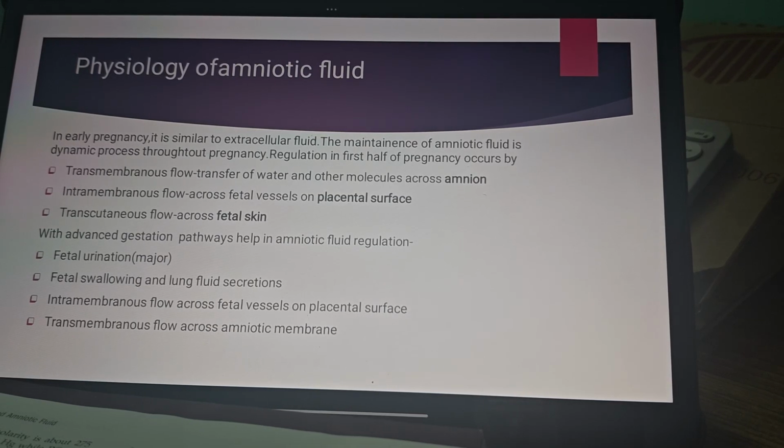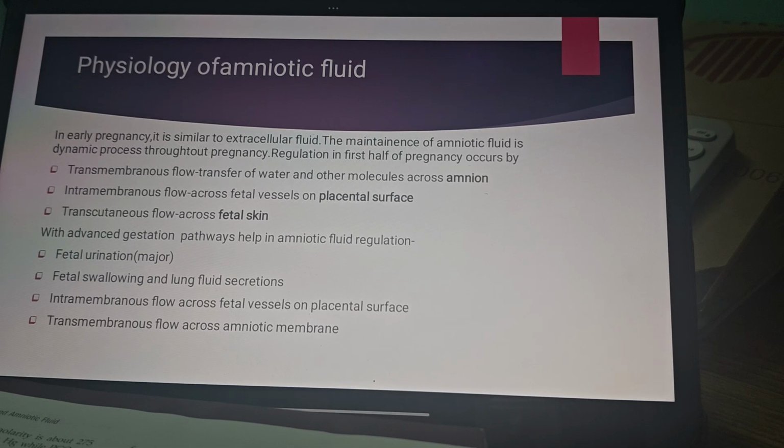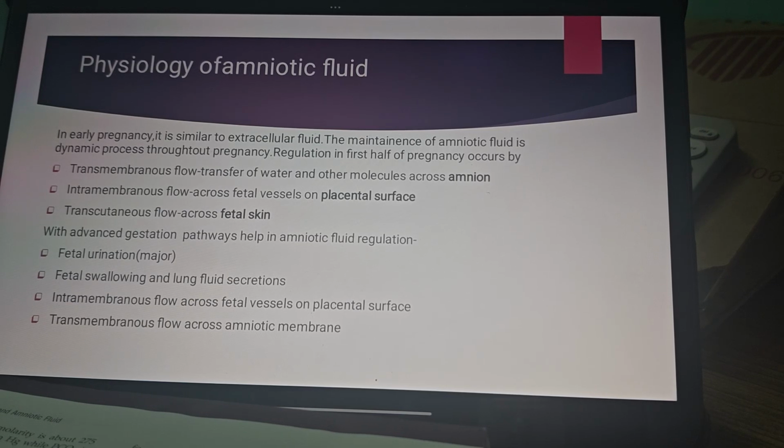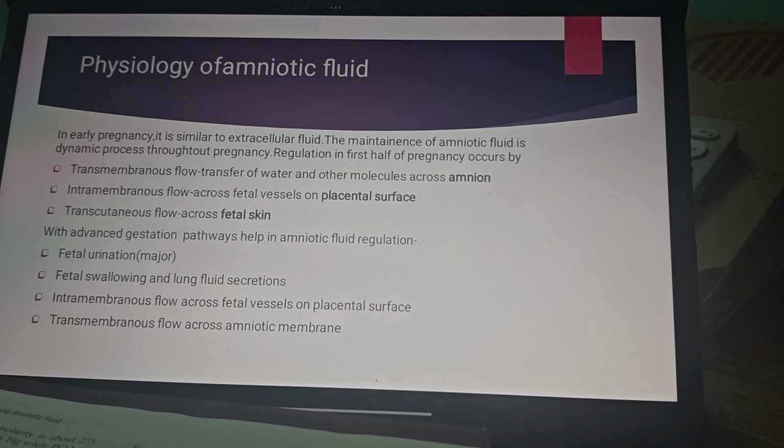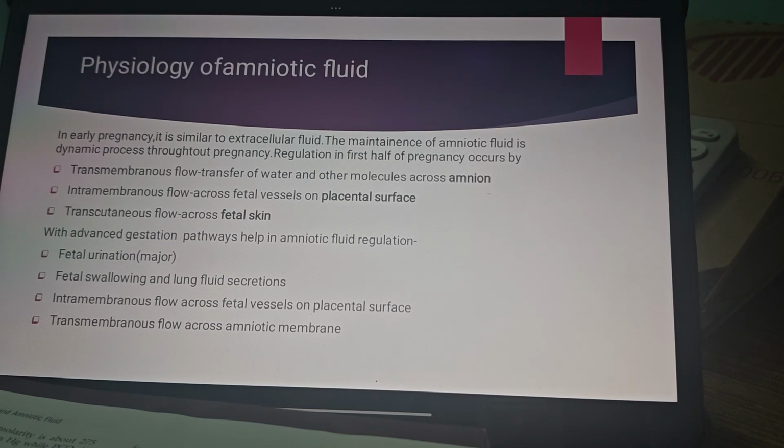In early pregnancy or first half of the pregnancy, transmembranous flow occurs through transport of water and other molecules across amnion, intramembranous flow across fetal vessels on placental surface, transcutaneous flow across fetal skin.